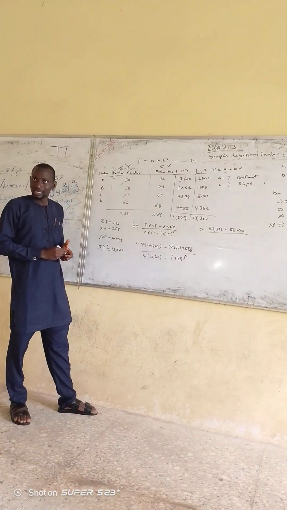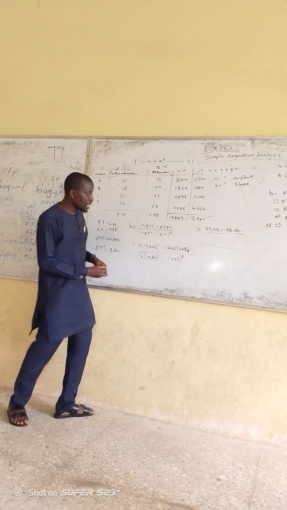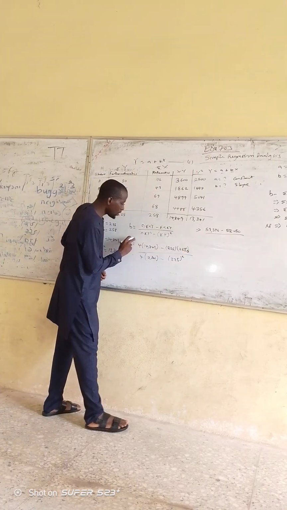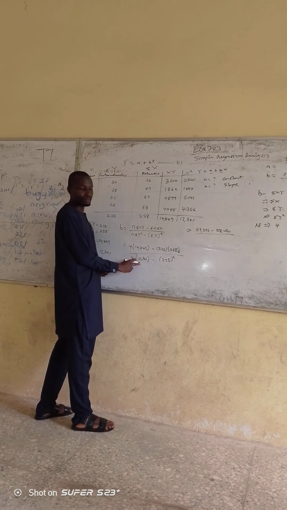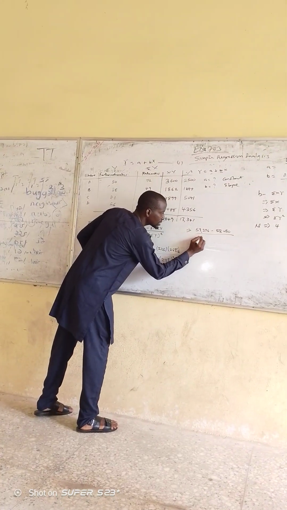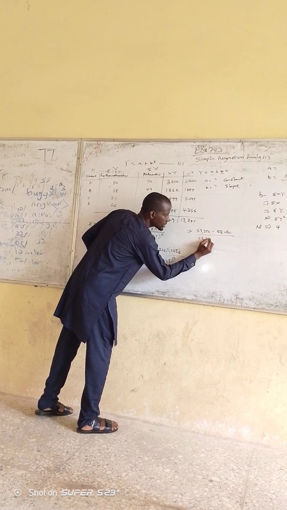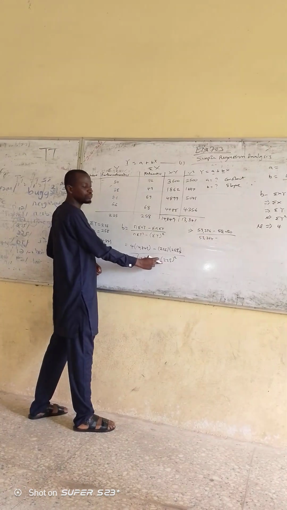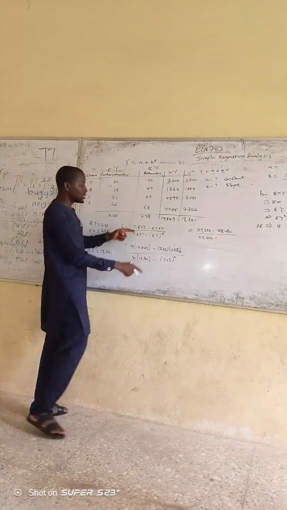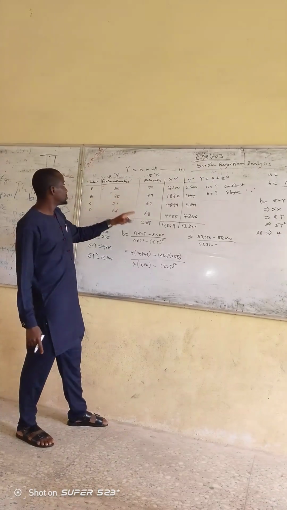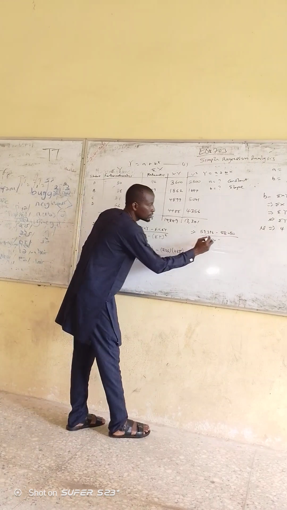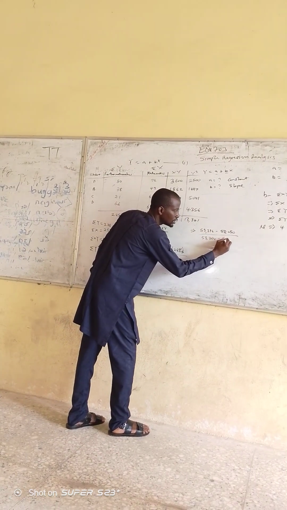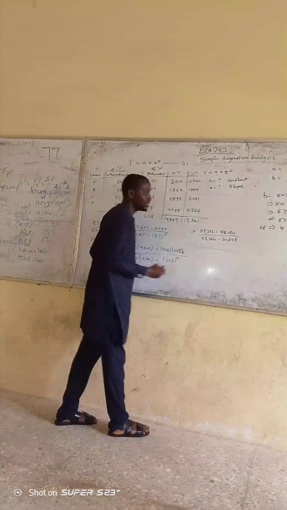Are you getting the point? For the denominator, our n still remains 4. 4 times 13,341 is 53,364. Minus 225 squared, which is 50,625.